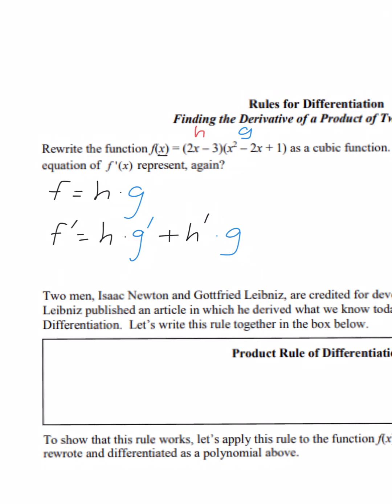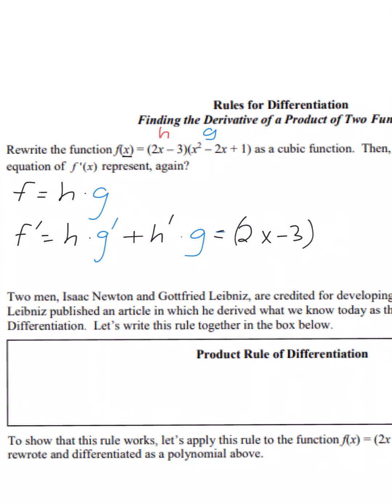Now let's apply it to the polynomial that is given to us. So this equals 2x minus 3. That's left alone. That's the h function. And I will have in blue the derivative of x squared minus 2x plus 1, which would be 2x minus 2.